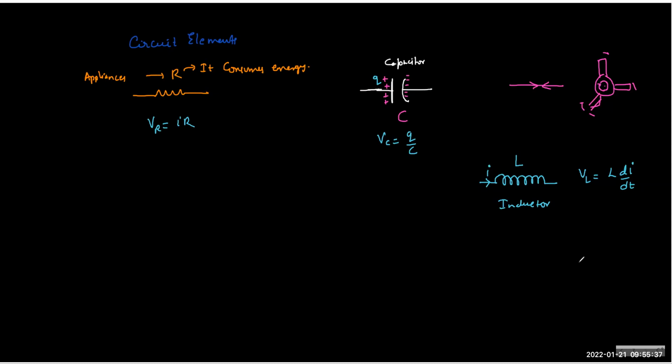So you can think of these elements as some mechanical device. You can think of the inductor as a mass, the capacitor as a spring, and the resistor as the drag force, or drag coefficient basically.